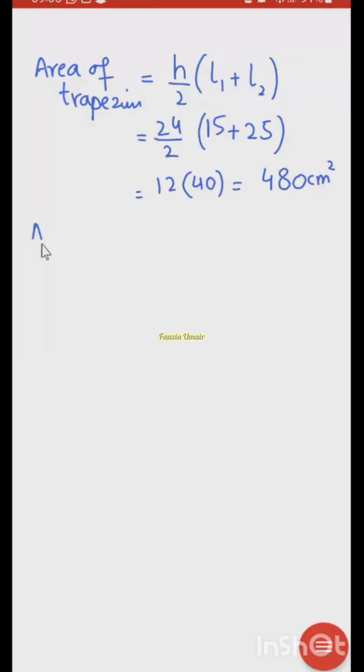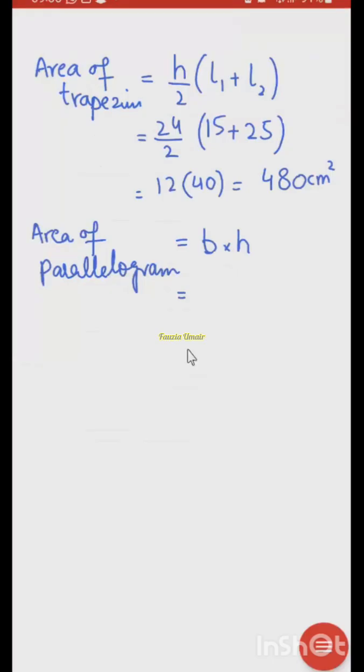Okay. So now we will find out the area of parallelogram, which is length into breadth. Sorry, base into height, right? We have just figured out the values already. 13 multiplied by 16.